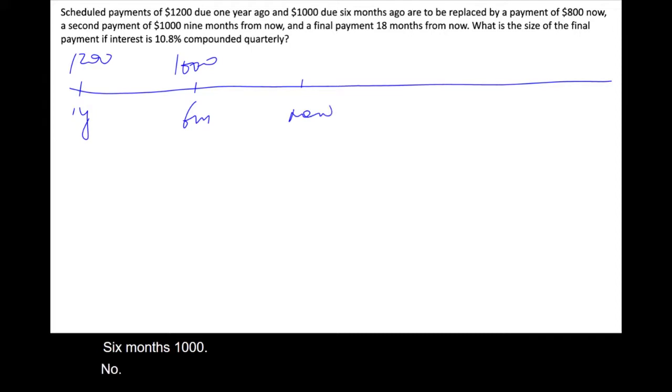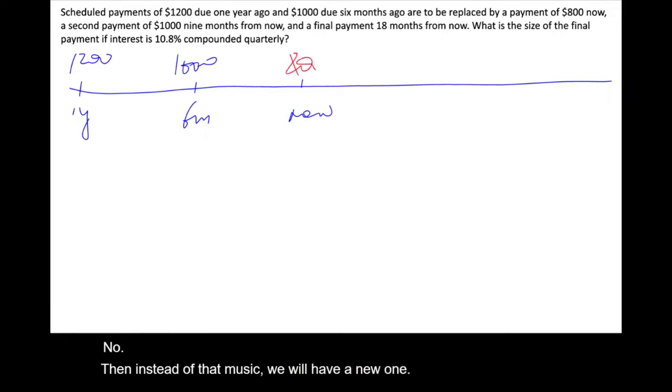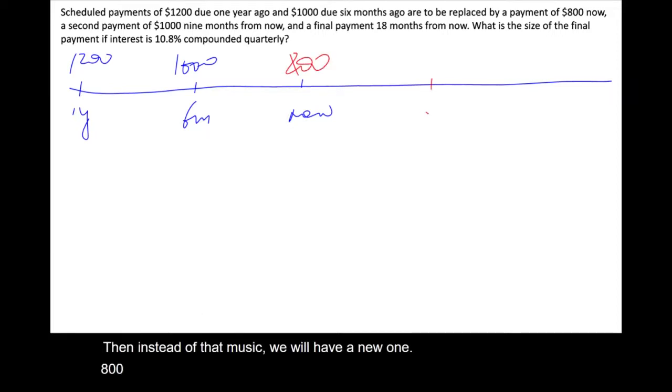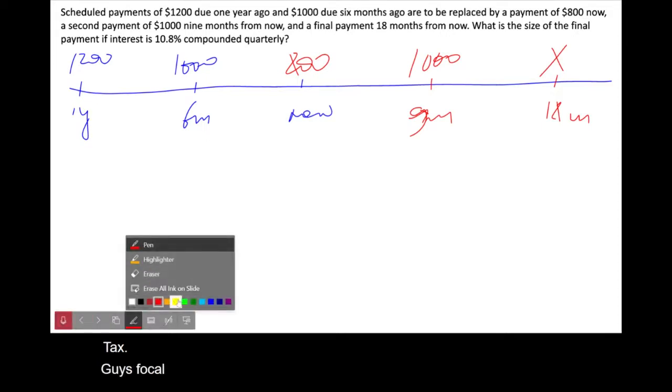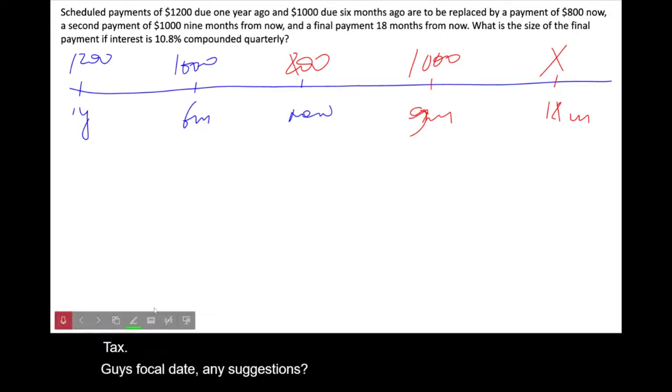Now, 800. 9 months, 1000, and 18 months, X. Guys, focal date, any suggestions? 18 months, okay, let's do both, right?